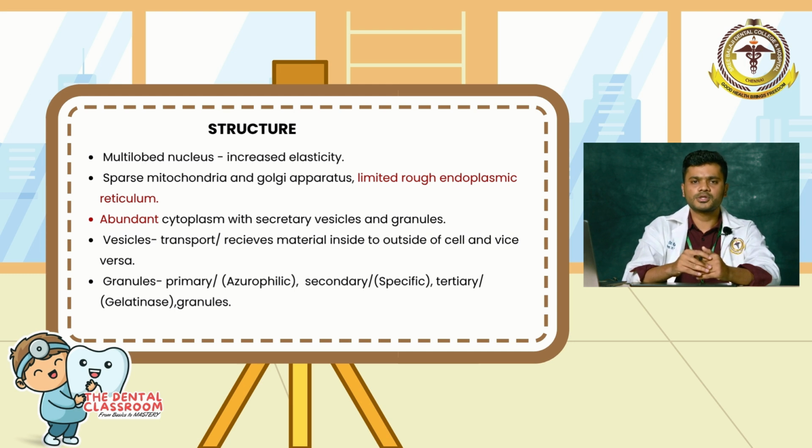Next, another major structural feature of the neutrophil is that it has sparse mitochondria as well as Golgi apparatus, whereas it consists of only limited rough endoplasmic reticulum, or sometimes it is even absent. Why is the rough endoplasmic reticulum absent in neutrophils?